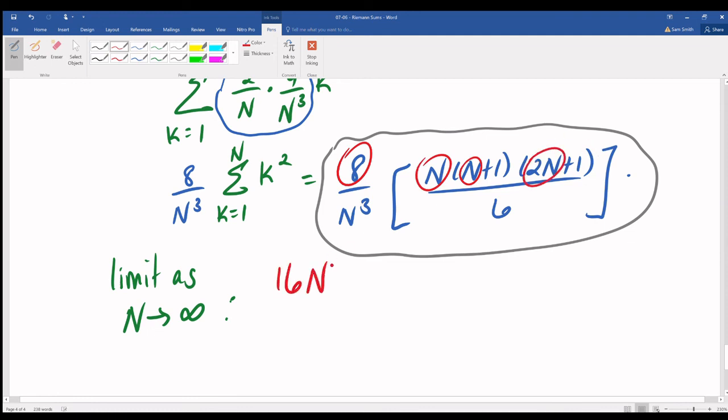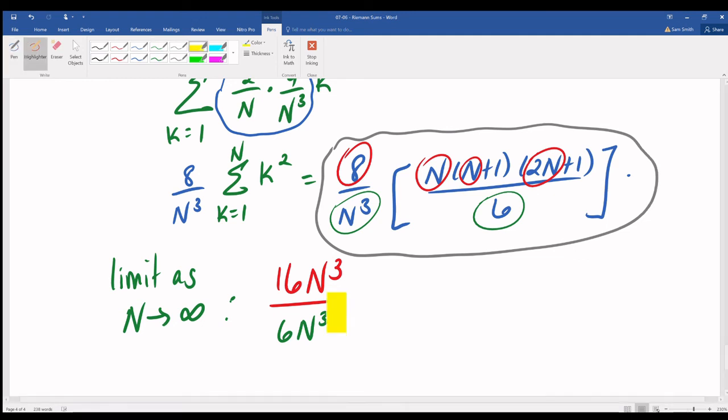In the denominator, our leading term would consist of an n cubed and a 6, so 6n cubed. And so the beauty of this is that those n cubes cancel, and we're left with the number 8 over 3, 8 thirds.